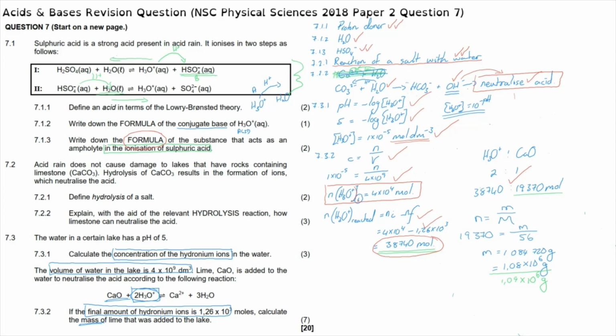And then the last mark was allocated for correctly converting the number of moles of calcium oxide into a number of grams using the relevant formula, and then 1 mark for the final answer using the correct units. Again, the rounding is important here, although both were accepted, you are encouraged to only round the final answer.